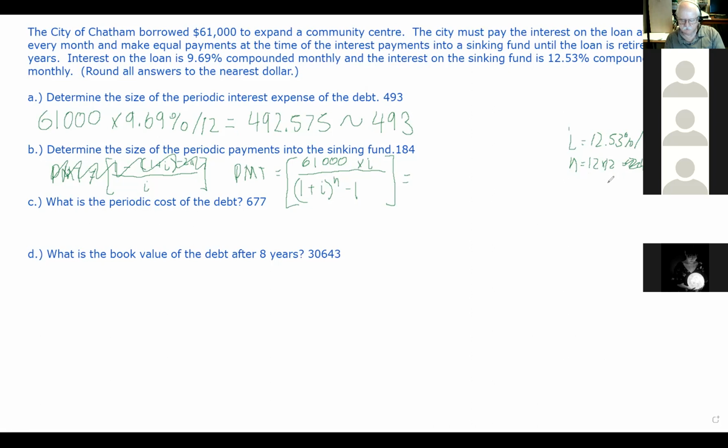Recall 1 plus 1, y to the x 144, minus 1. Store that in register 7.